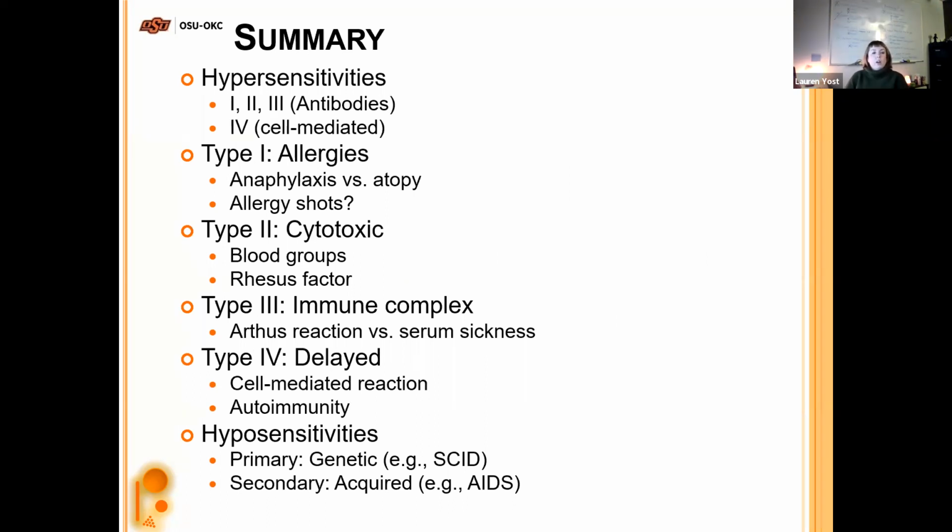Type 3 due to immune complexes, and type 4 delayed hypersensitivities due to cell-mediated reactions, and how that relates to autoimmunity. And then we talked about hyposensitivities, like the primary and the secondary ones, the genetic ones and the acquired ones. So that's that for that chapter.